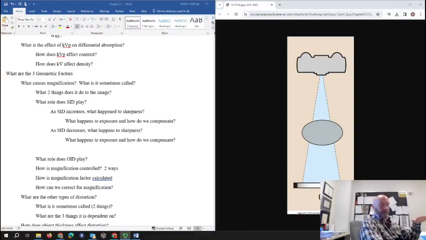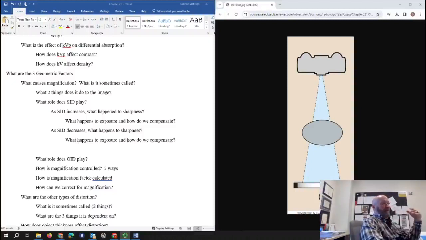But if we have an increase in OID, how we compensate for that is with an increase in SID. So the two things that we use to control magnification would be SID, where a long SID is better for reduction of magnification, and OID, where the lower the OID, the better we are.